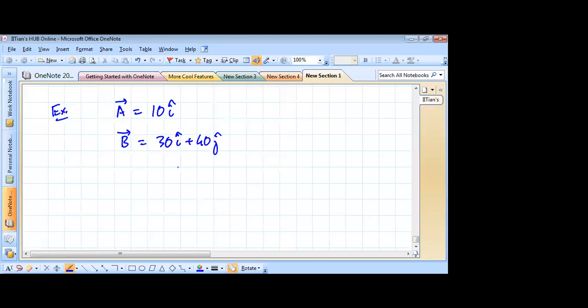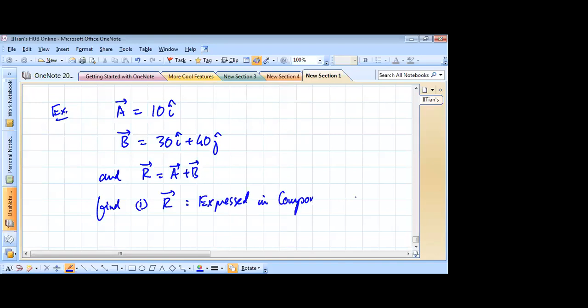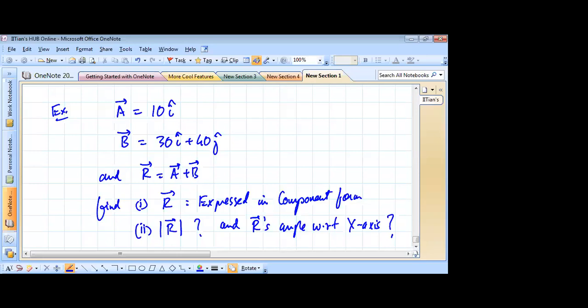Then find R expressed in component form, and secondly, the magnitude of R, and R's angle with respect to the x-axis. Just try this out, people. This will be the final question for today.